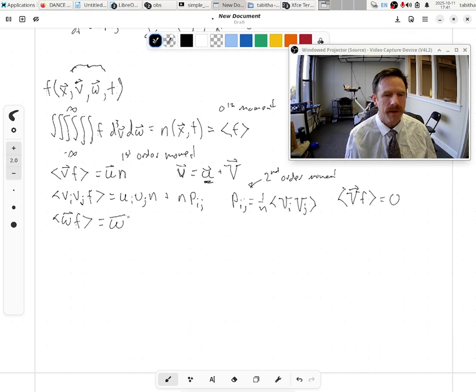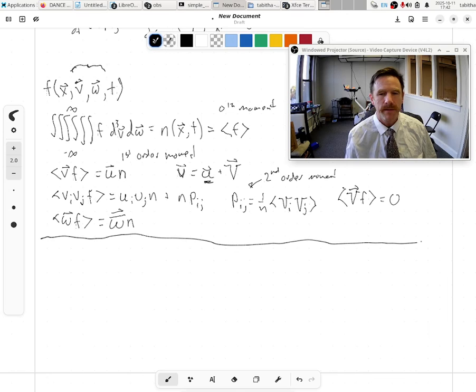Sometimes we call this omega bar. Average bulk spin if you will. And of course we have a density. Whenever we take this integral over our distribution function, we're going to have a density. And this is the preliminary set of variables and moments that we can work with.